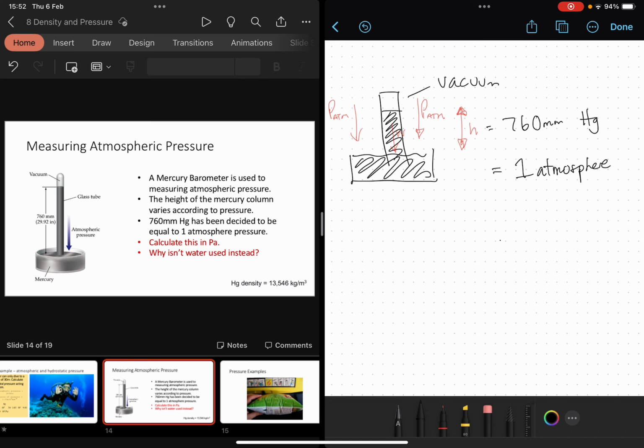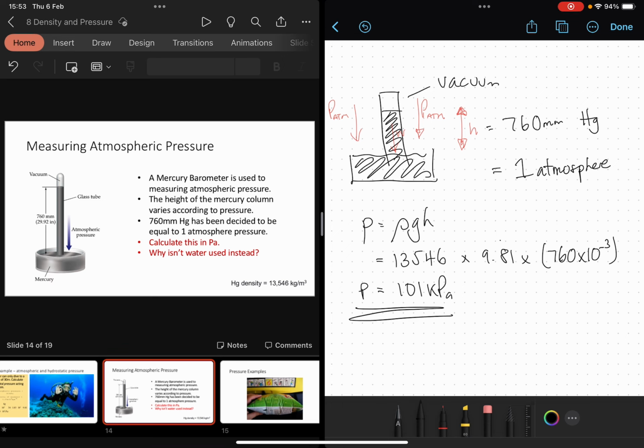Now, what is that in SI units? So let's use our hydrostatic pressure equation. The density of mercury, which you've got on the screen, is 13,546 kilograms per meter cubed. g is 9.81. And on average, we are supporting 760 millimeters of mercury. When you do that calculation, you get a pressure of 101 kilopascals.